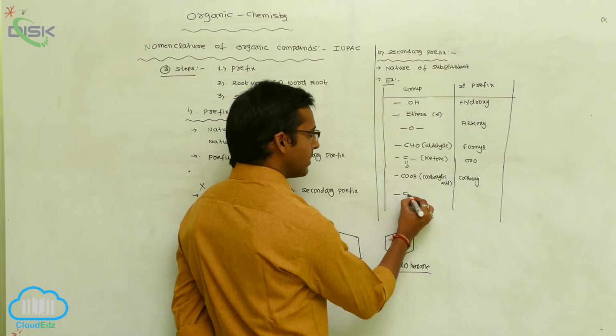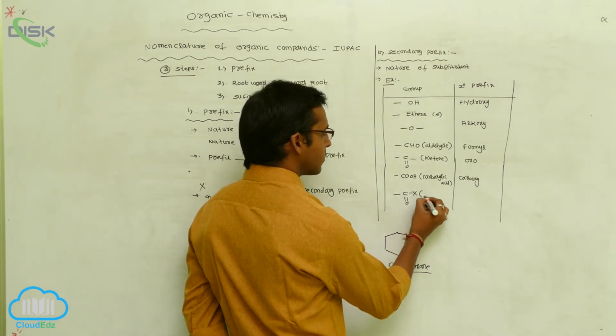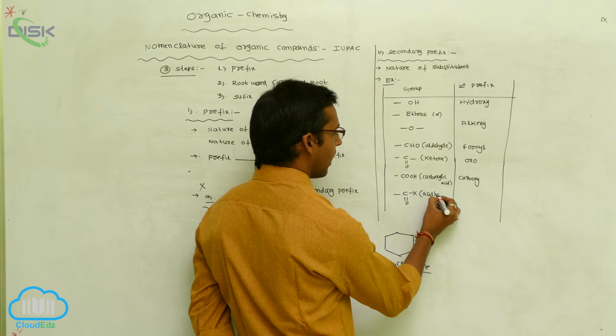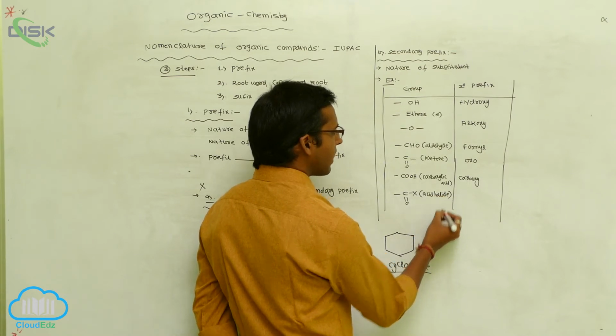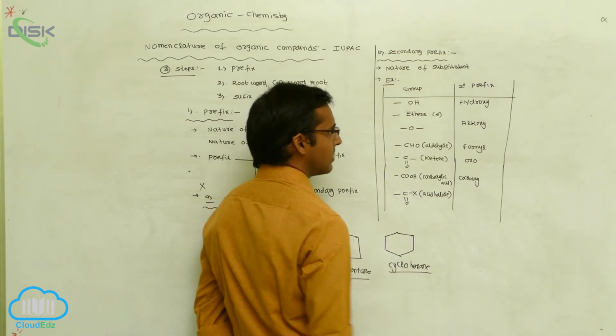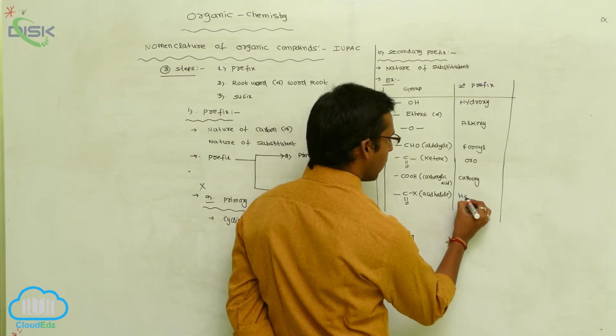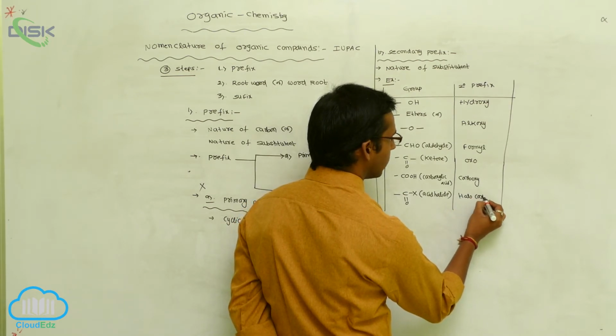If it is C double bond O X, this is called an acid halide, and whenever the acid halide group is present, its secondary prefix is halocarbonyl.